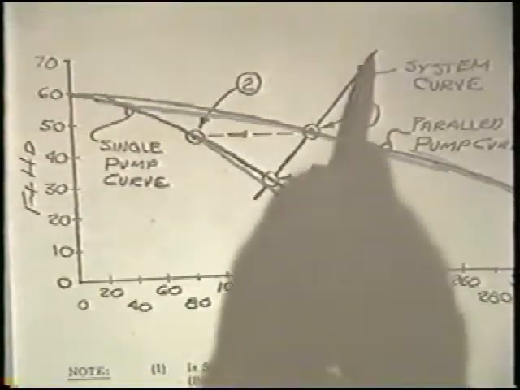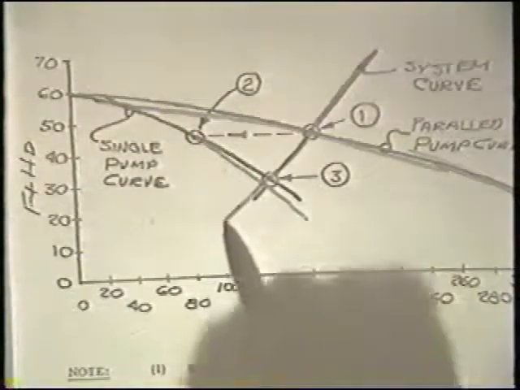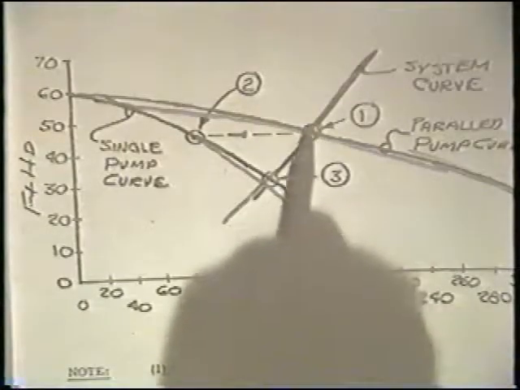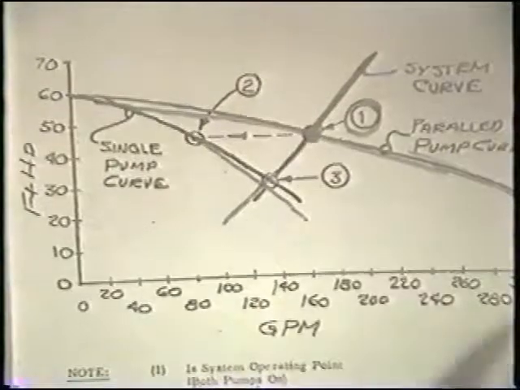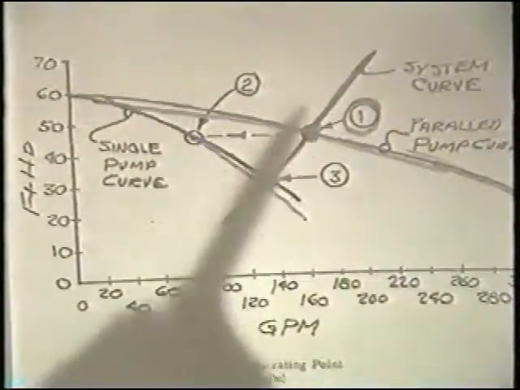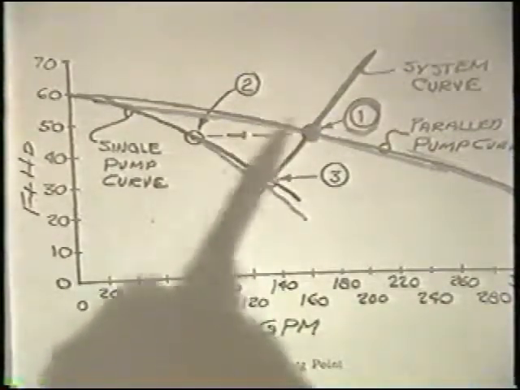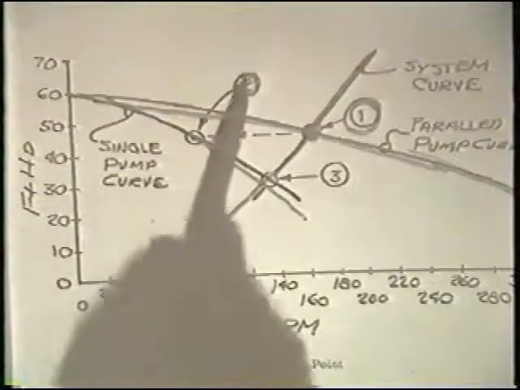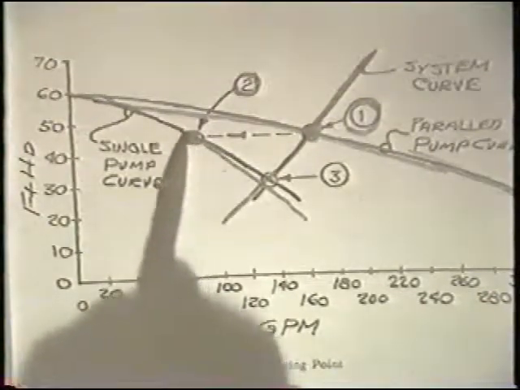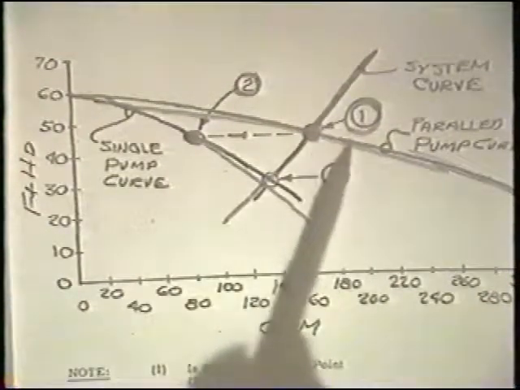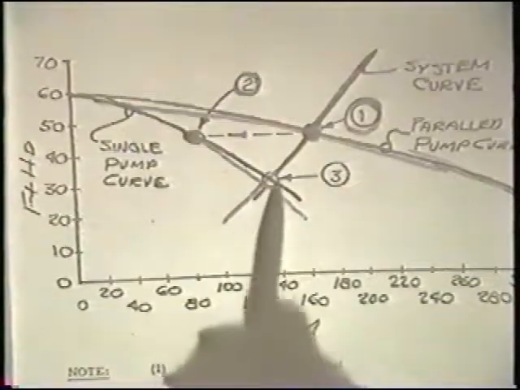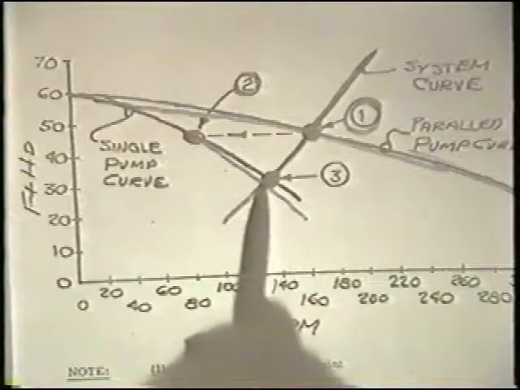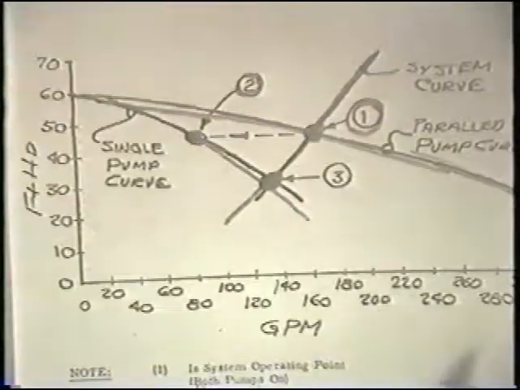We strike a system curve through that and can determine that if both pumps are in operation, they'll be operating at point number 1. Each pump, when both pumps are in operation, will be operating at point number 2. But should we shut off one of the pumps and operate with only a single pump, that single pump would be operating at point number 3.